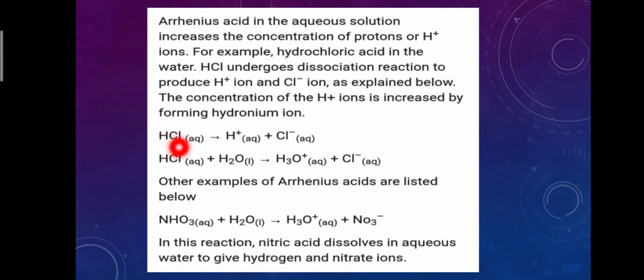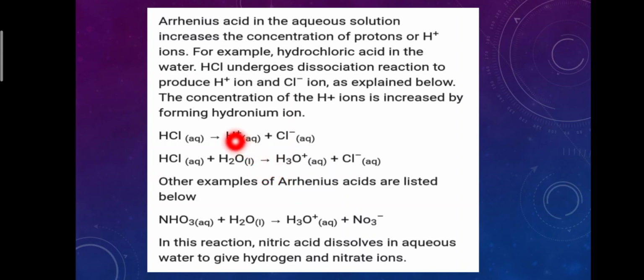When HCl dissolves in water, it dissociates into H positive and Cl negative ion. The concentration of H positive ion is increased by forming hydronium ion in aqueous solution.